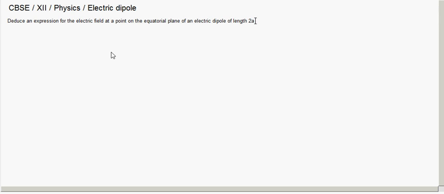Basically, this is a derivation. Deduce an expression for the electric field at a point on the equatorial plane of an electric dipole of length 2a. How do we do this?